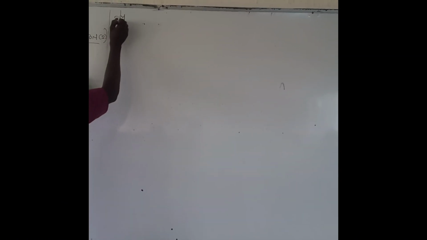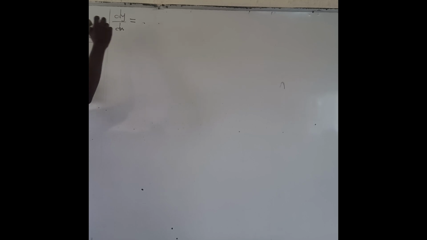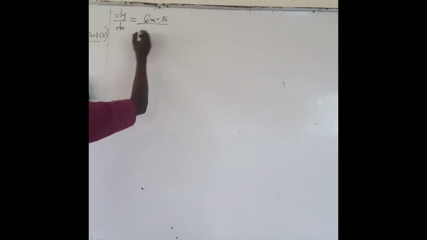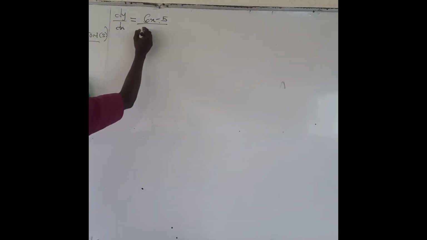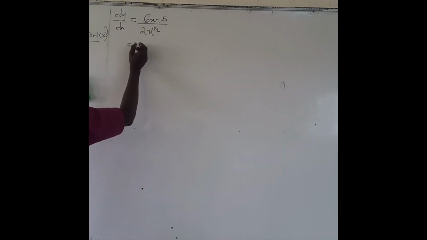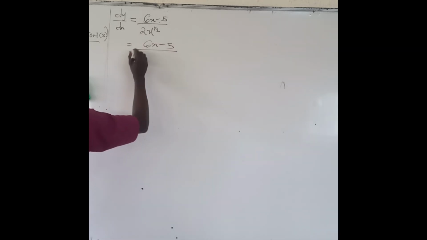So dy over dx is going to be 1 times 1 multiplied by 6s minus 5, so I'm going to have 6s minus 5 over 2u raised to the power 1 over 2.